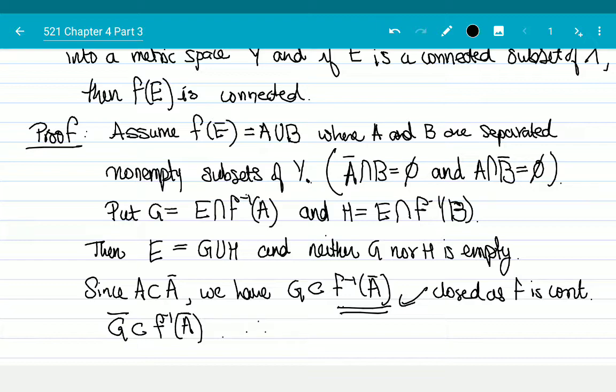Therefore f of G bar is contained in A bar.